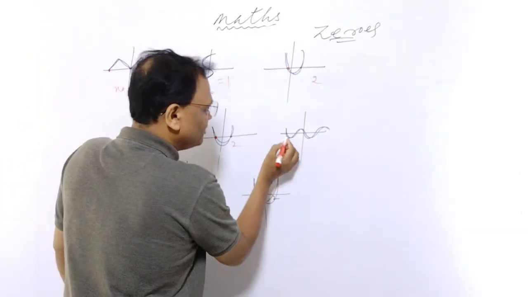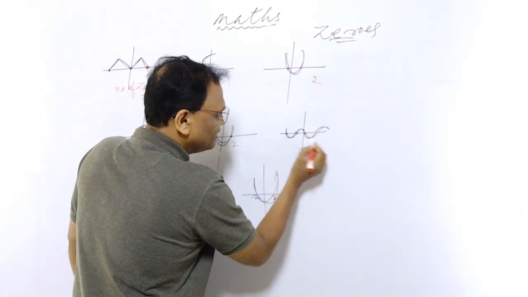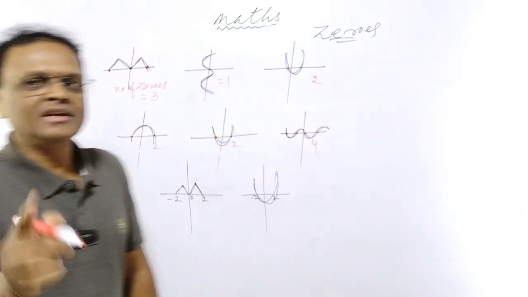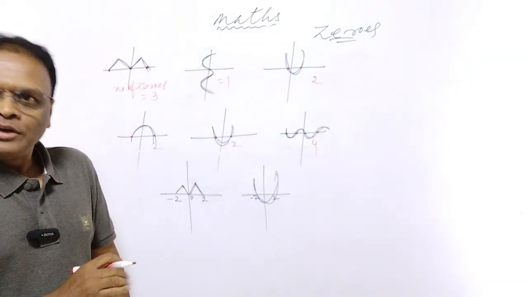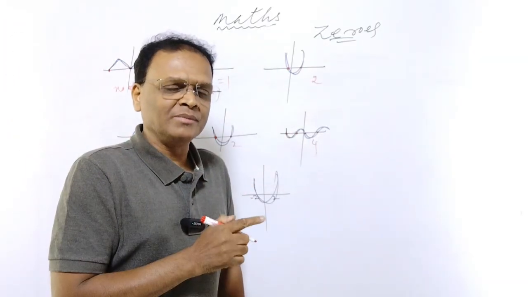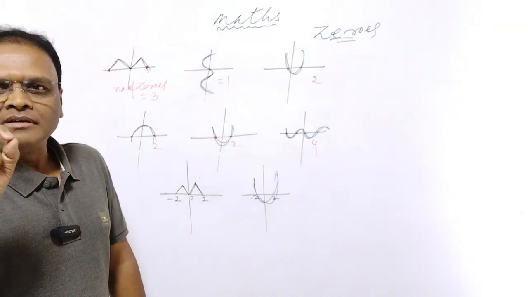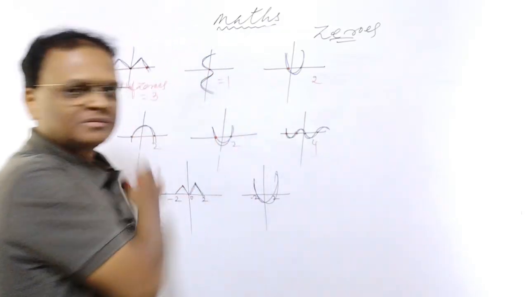And here 1, 2, 3, 4. Number of zeros 4. So in this way we can find the number of zeros in the given graph. So this is clear how to find the zeros from the graph. Very important. Again I am repeating. From your NCERT, you can even complete one exercise. The complete exercise is only this one.